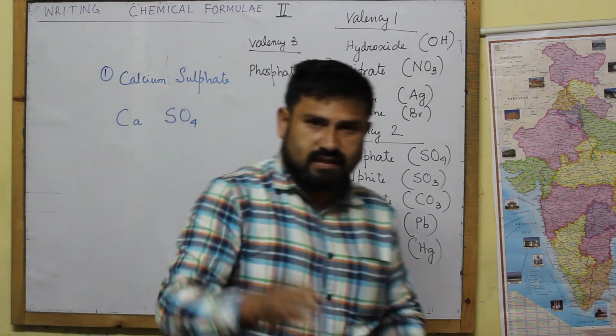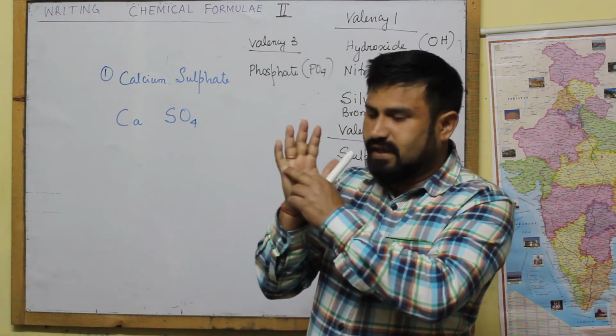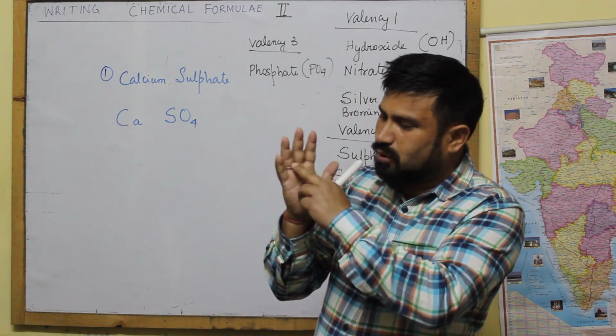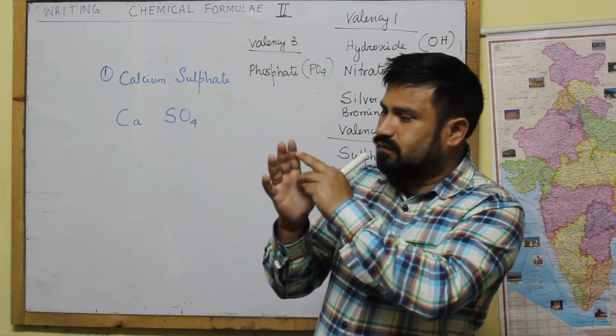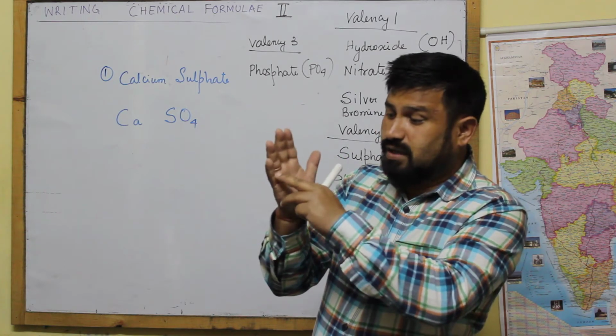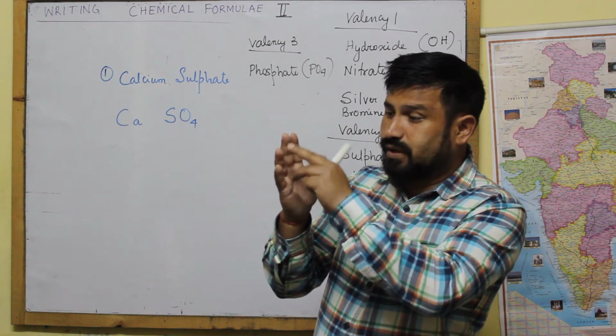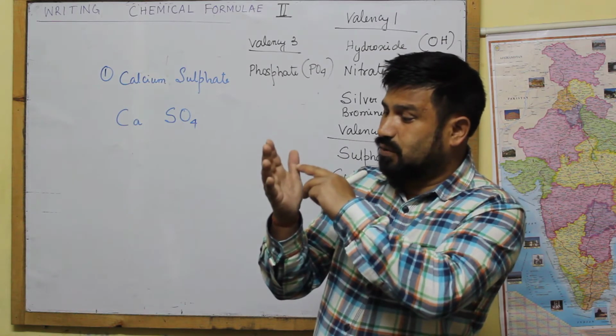Calcium's valency, as I taught you in the previous video, how to find out the valency of calcium. Hydrogen, helium, lithium, beryllium, boron, carbon, nitrogen, oxygen, fluorine, neon, sodium, magnesium, aluminum, silicon, phosphorus, sulfur, chlorine, argon, potassium, calcium. Calcium is here. 1 0 1 2 3 4 3 2 1 0 1 2 3 4 3 2 1 0 1 2.